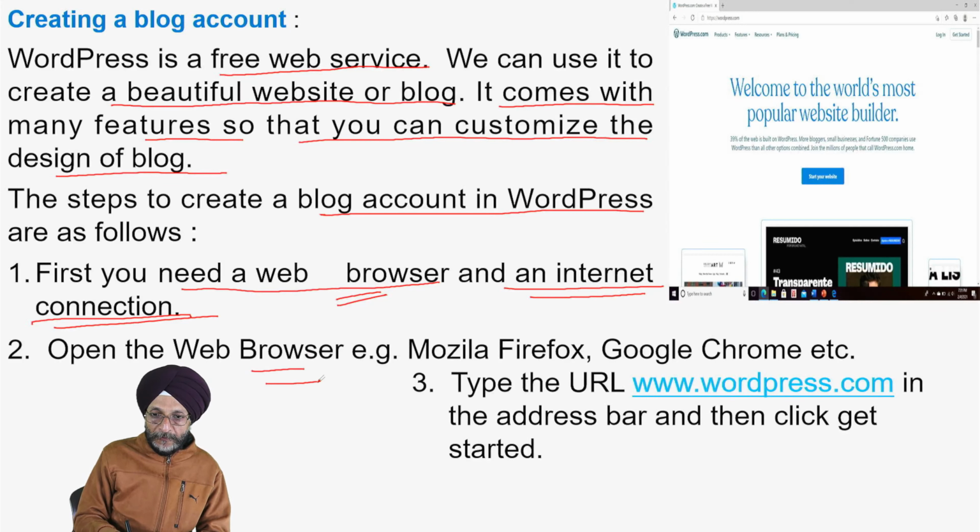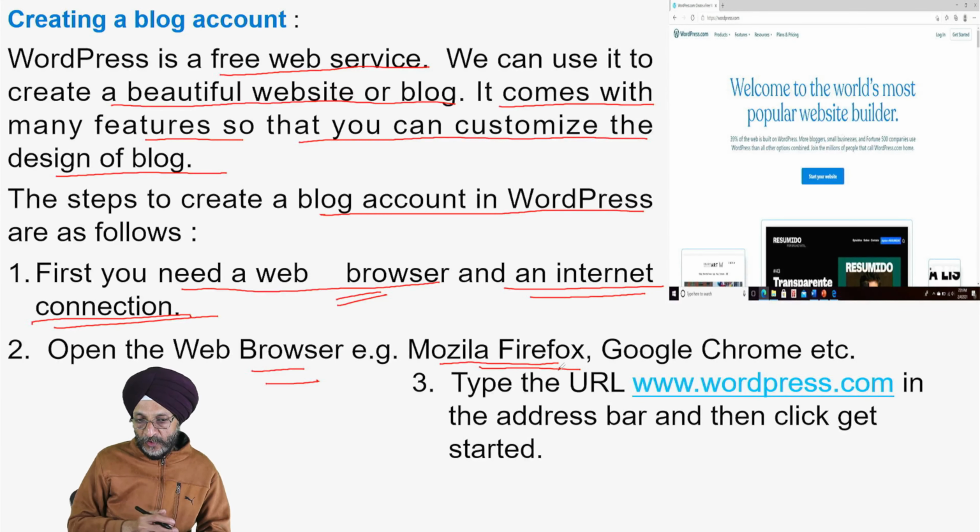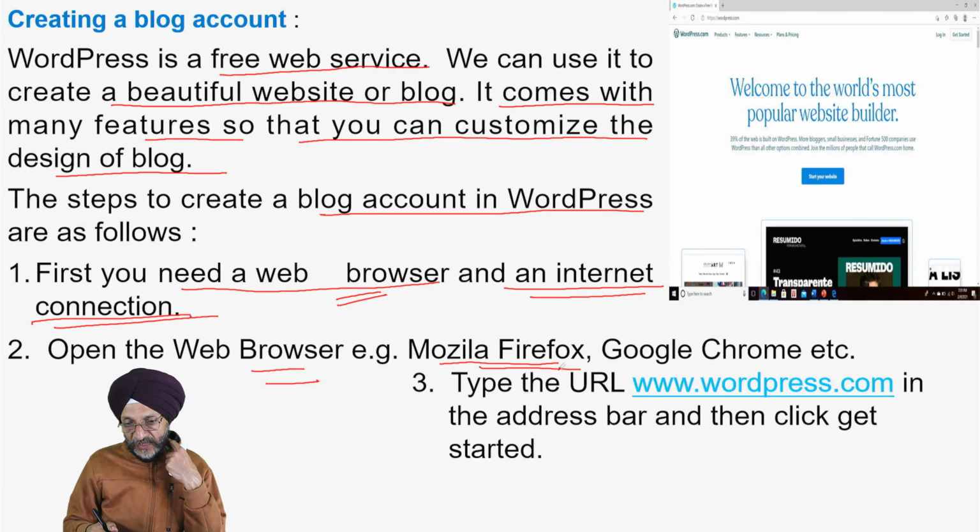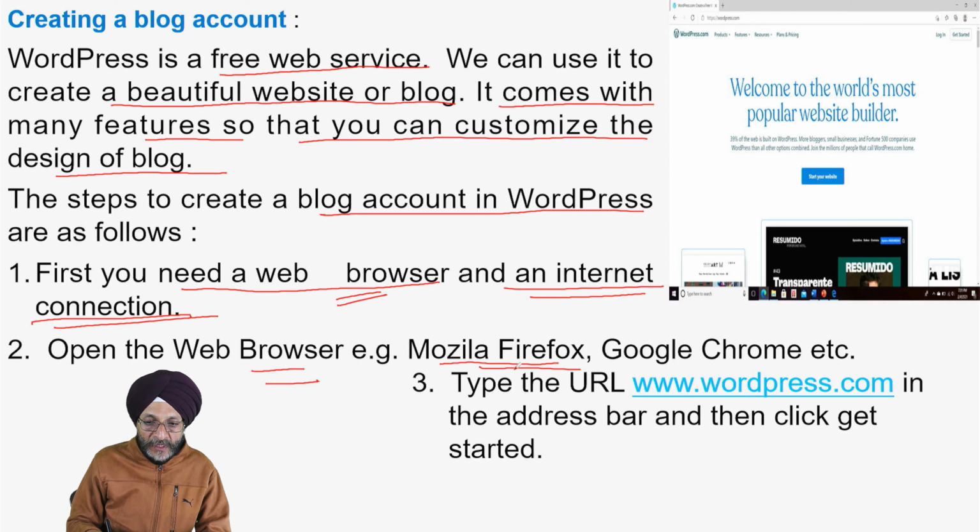Open the web browser, for example Mozilla Firefox, Google Chrome, or some other web browser like Apple Safari in your computer. Now you have to type the web address, that is the URL of WordPress, which is www.wordpress.com, in the address bar, and then click get started.